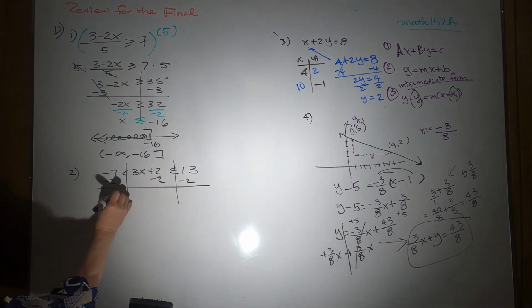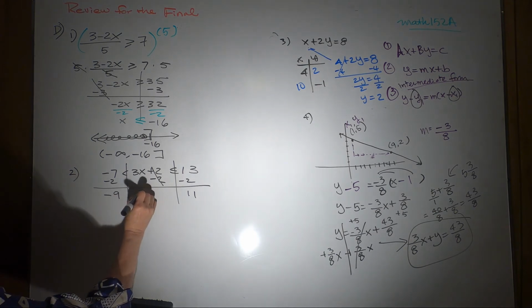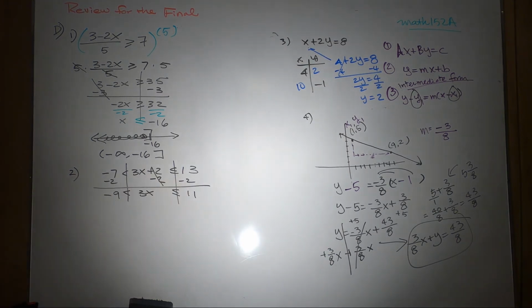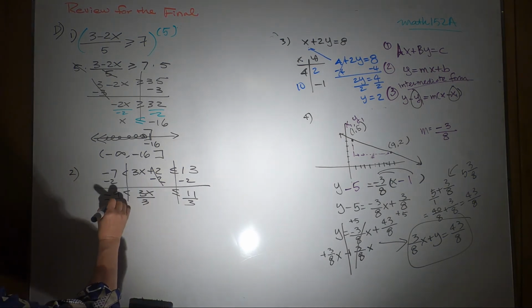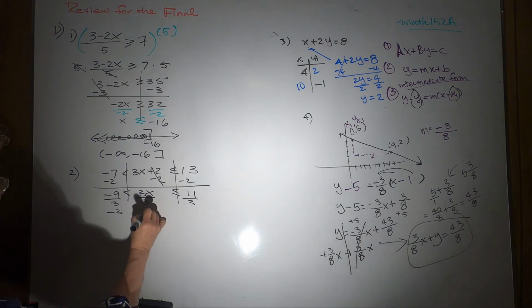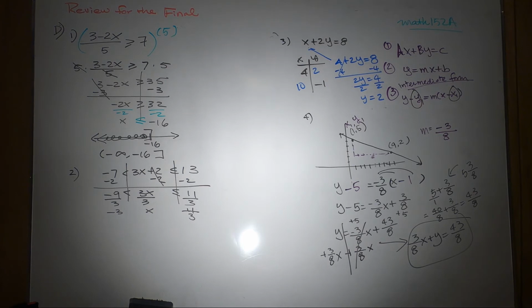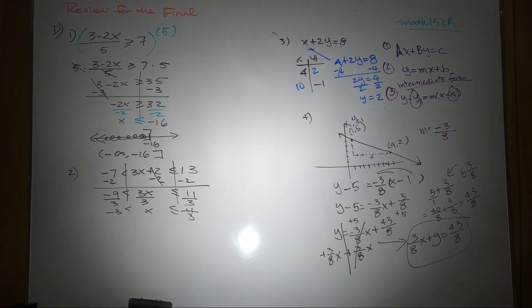So that would be negative 9. Cancel, that would be 11. Do we change the direction of the inequalities? No. Then get x by itself, divided by 3. That would be negative 3, x, then 11/3. No changing for the sign.